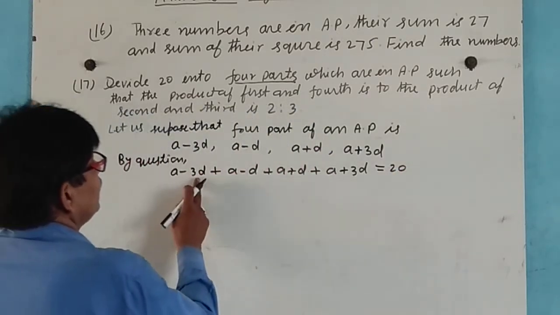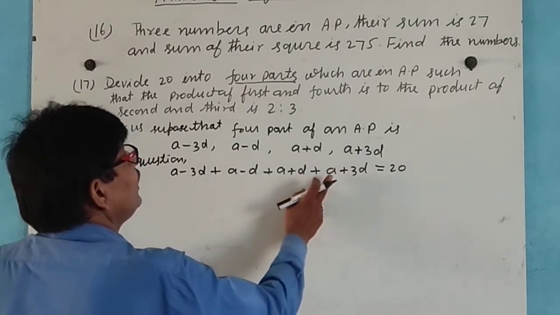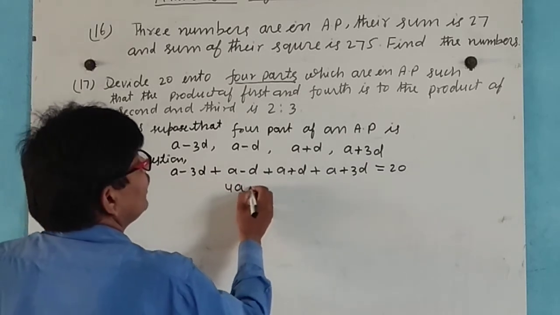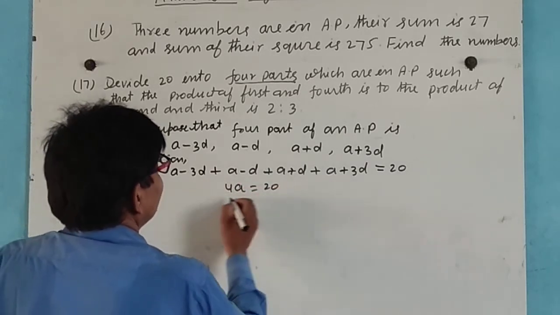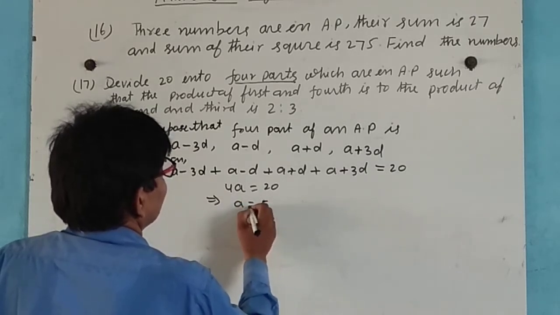Now in this case 3D cancel, D and D also cancel, A and A, 4A equal to 20, which implies that A equal to 5.